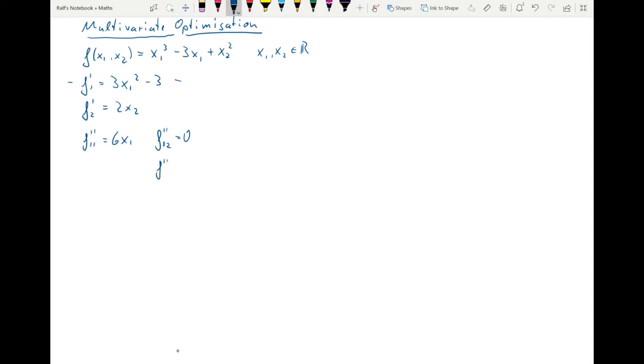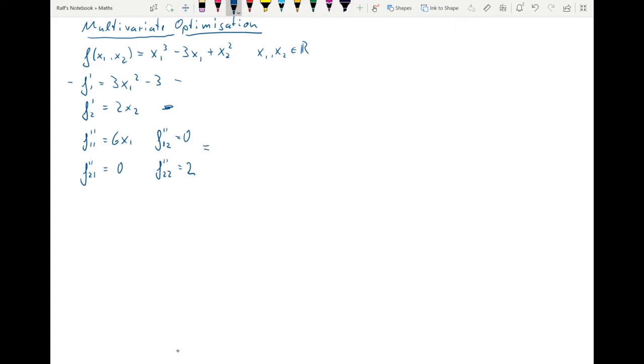Then the second order partial derivative 2, 2: we take this one and find again the partial derivative with respect to x2, and that is just 2. And then the second order partial derivative 2, 1: we take that second first order partial derivative and find the derivative with respect to x1. There is no x1 in here, so that is just 0.